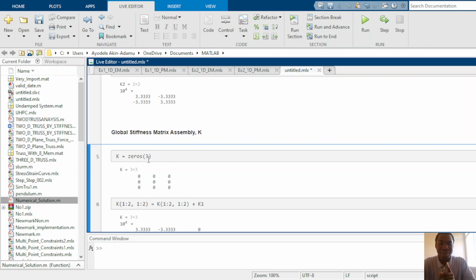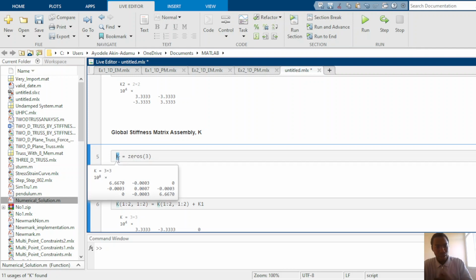That is why our global stiffness matrix is defined as a 3 by 3 matrix. So the first thing we need to do is create a 3 by 3 zero matrix. This Matlab code does that. I'm defining our global stiffness matrix as a variable called K, so I'm assigning a zero matrix to our global stiffness matrix K.